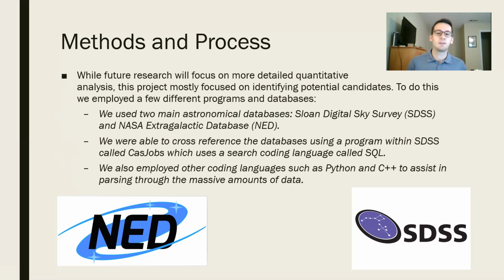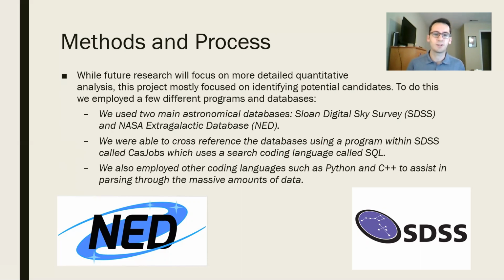The main thing we used within SDSS was called CasJobs, and that works through a search language called SQL, or structured query language. This was a big learning curve for me, to be able to parse through massive tables within the database itself.